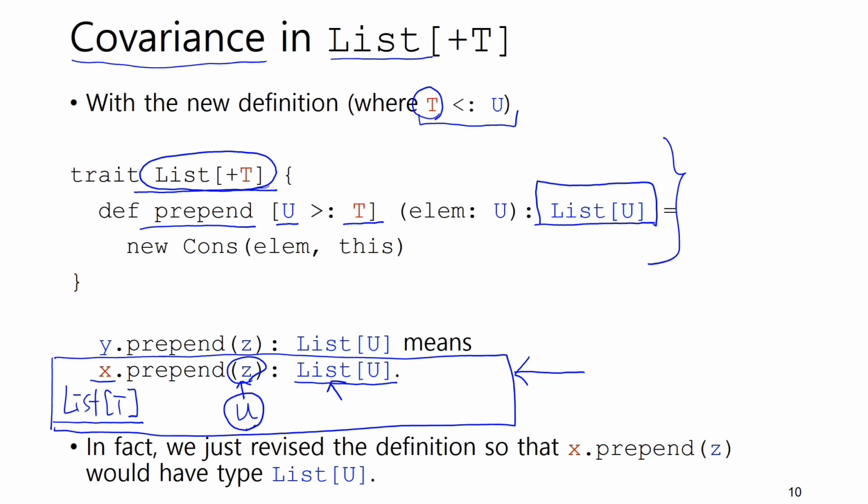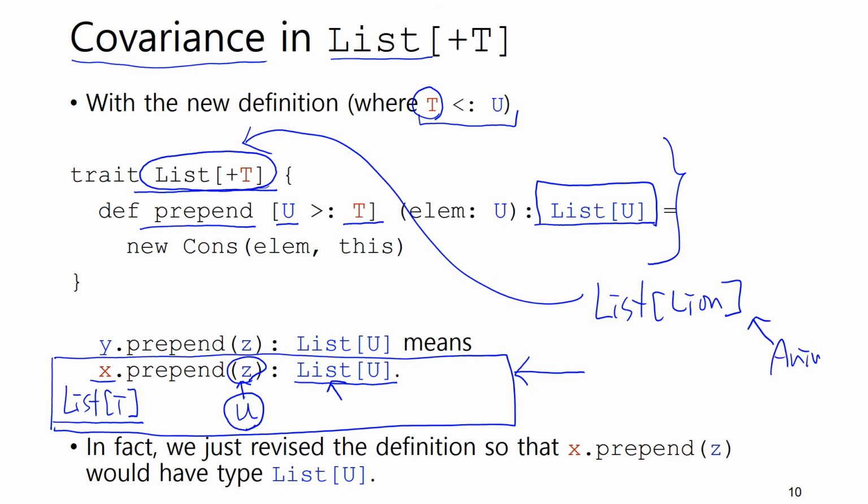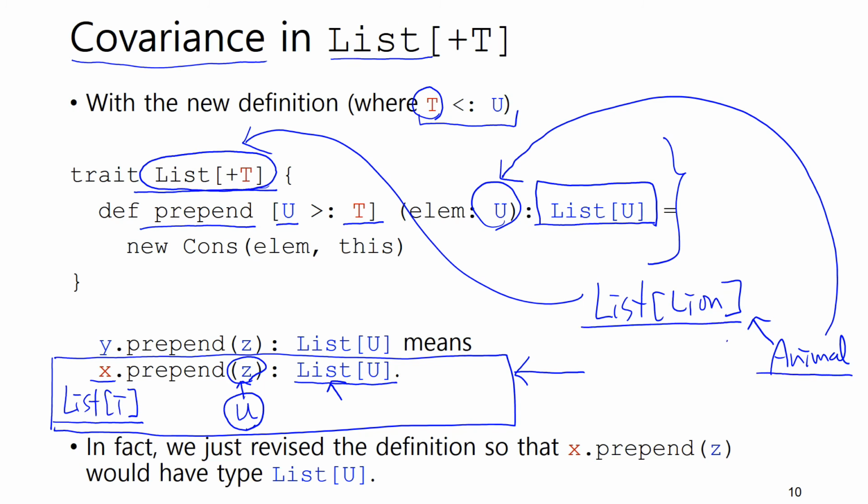And if you think about this, it makes sense. For example, suppose that you have a list of lion. Now I would like to prepend just an animal. So animal is going to be of type U. And once you add this animal, which can be any random animal, then the result must be list of animal, not list of lion, because you have no idea what kind of animal this is.